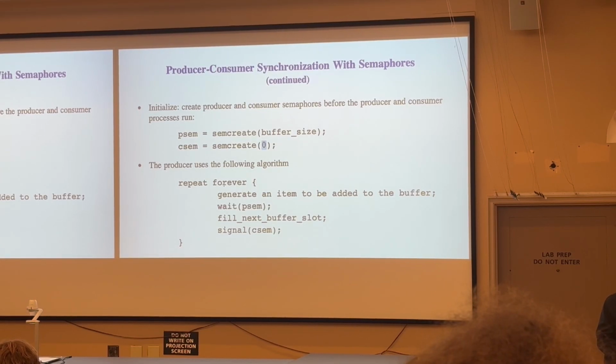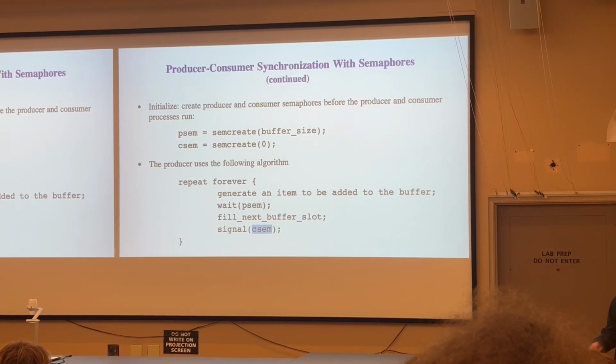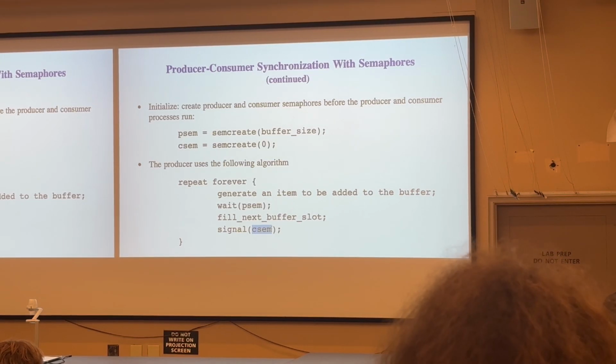The producer will wait on the producer semaphore, essentially waiting for free slots in the buffer. Then it will generate one item, put it into the buffer, and then signal the consumer, telling it that there are more items in the buffer now.